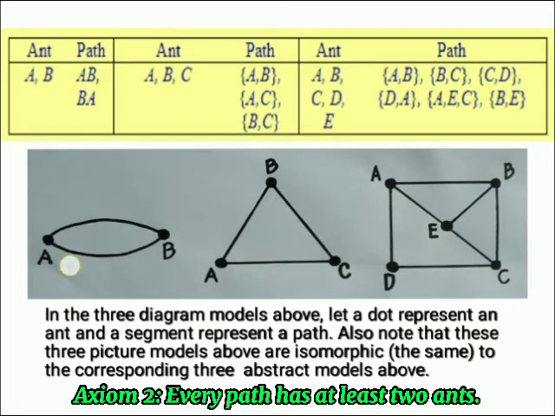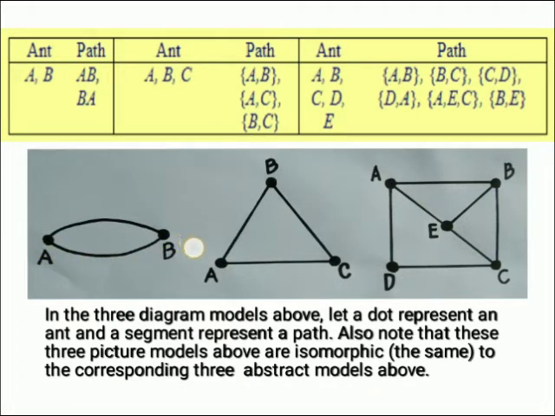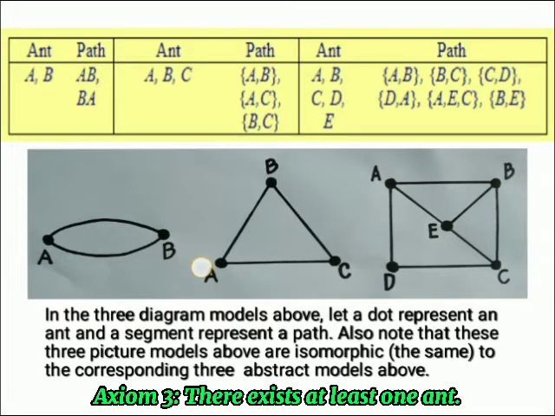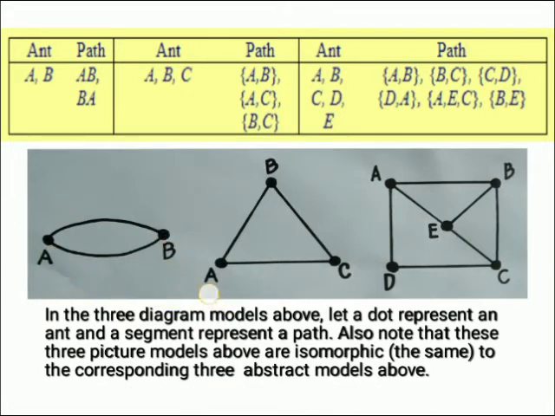So, itong path AB na to, meron siyang at least 2 ants, di ba? At itong path BA na to, meron din siyang at least 2 ants. So, nasatisfy din natin yung axiom 2. Lastly, axiom 3, there exists at least 1 ant. So, meron at least or kahit isang ant. So, meron naman either ant A or ant B. So, ganun din sa pangalawa at pangatlong model. Nasatisfy din lahat yung 3 axioms na yon.